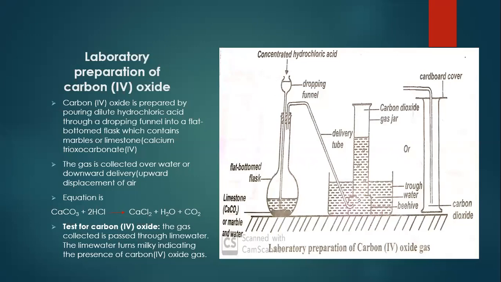So these are how these gases are prepared in the lab. If you have any question, you can ask. We'll also look at the differences between the physical and chemical properties of the carbon dioxide gas.